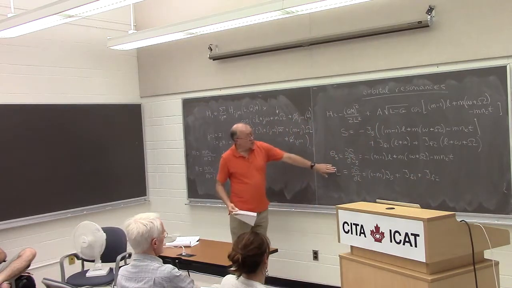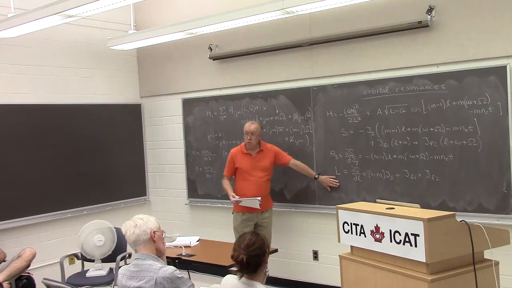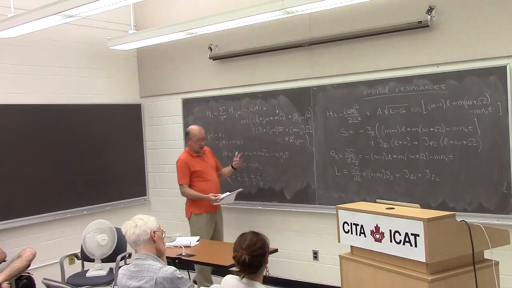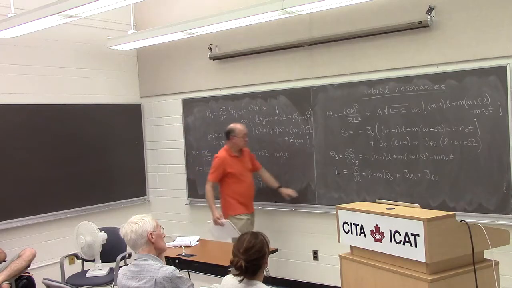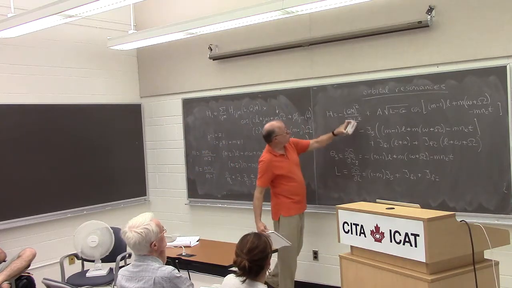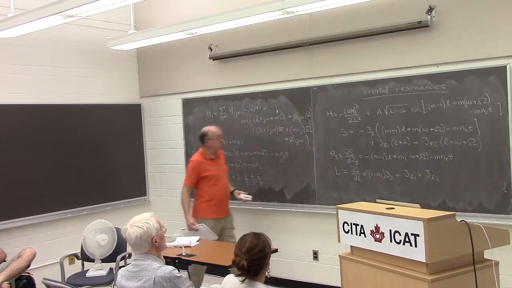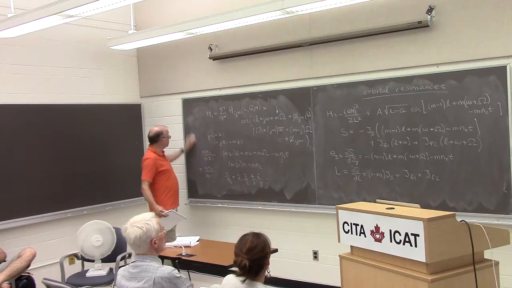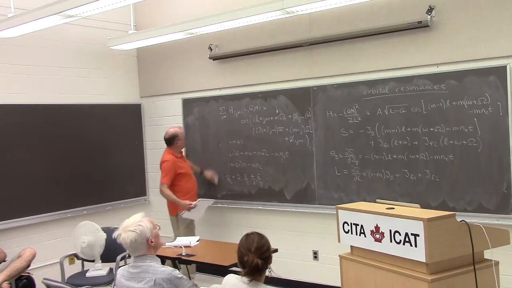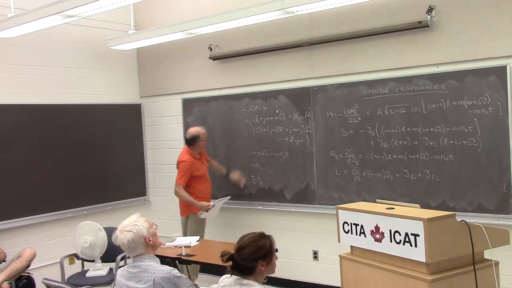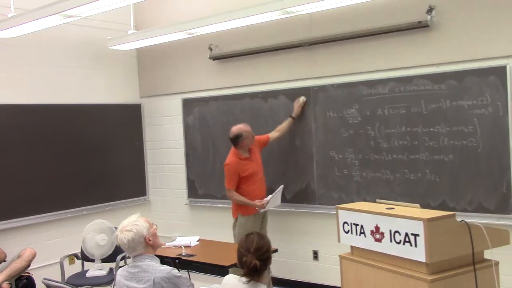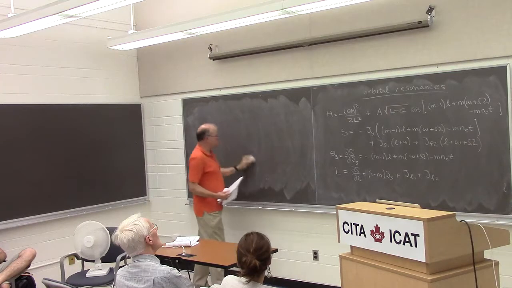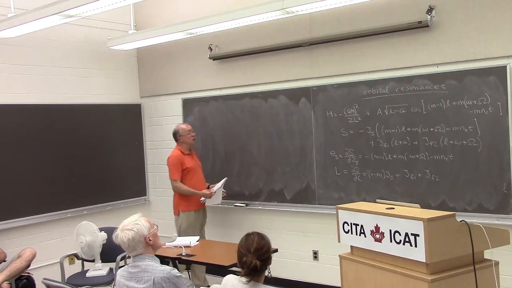I can go through this exercise for the other two old momenta and then do a simple algebraic elimination, and then rewrite the Hamiltonian in terms of the new coordinates and momenta. When you do that, you have to remember that in contrast to the other canonical transformations we've been talking about, this one depends on time.